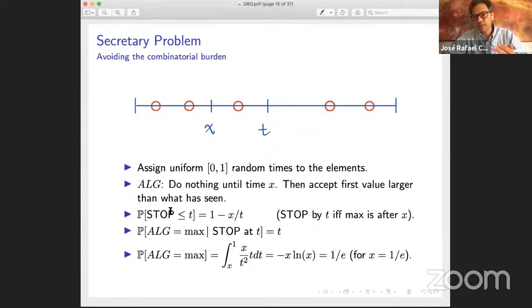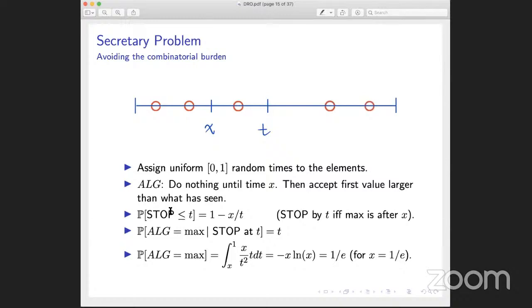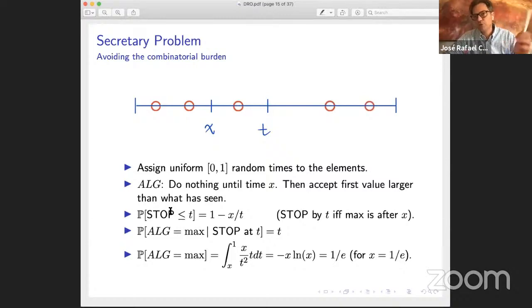Because you stop by time t, bigger than x, if and only if the maximum element between 0 and t is in the interval [x, t]. If the max is before, then you would not stop. If the max is after, then for sure you stop. Right? So this is an if and only if. So the probability of stopping before t is just 1 minus x over t.